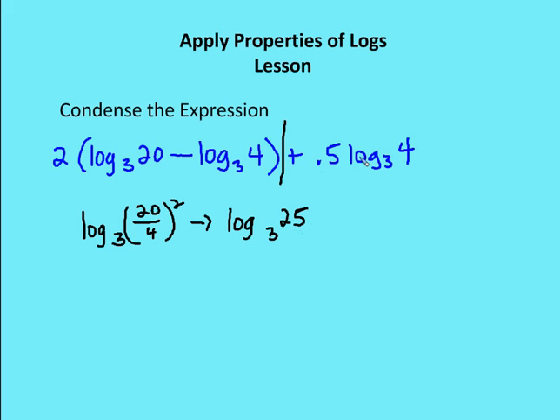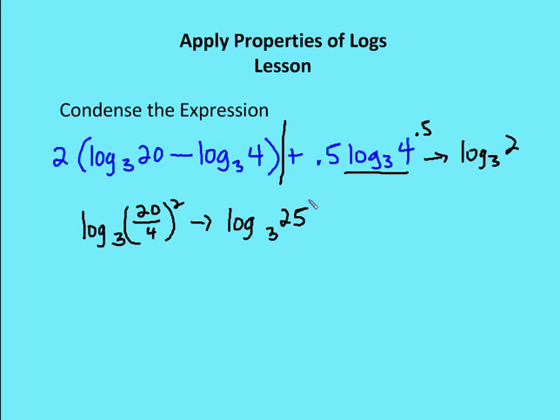Now this portion over here, I can simplify 0.5 log base 3 of 4, right? It's the same as log base 3 of 4 to the 0.5, which is the same as log base 3 of 2, because 4 to the 1/2 is the square root of 4. So I can rewrite this section as log base 3 of 2.